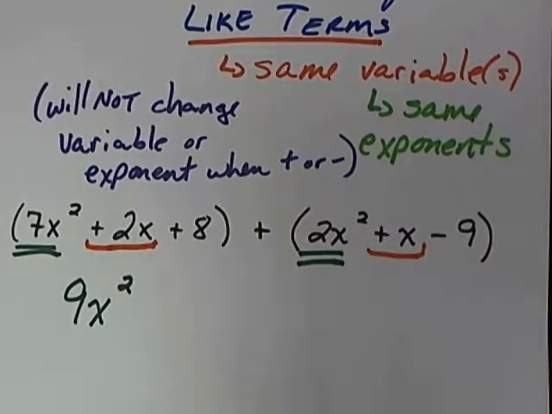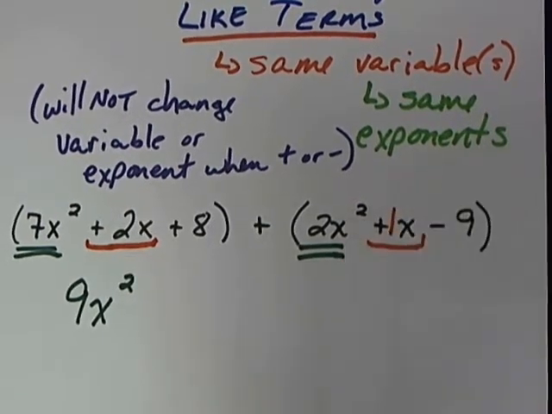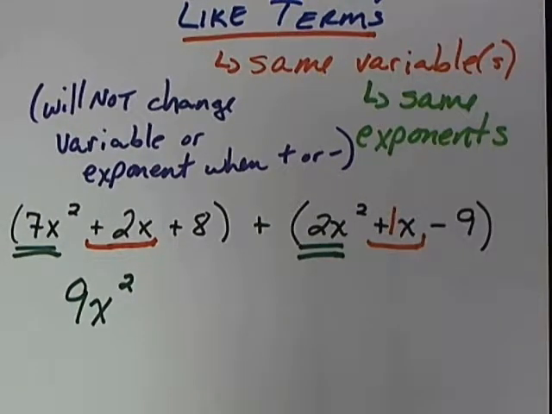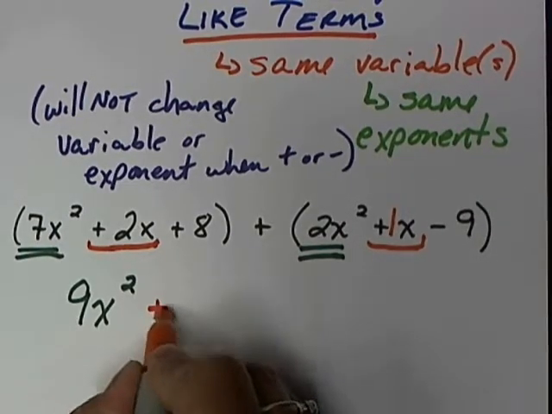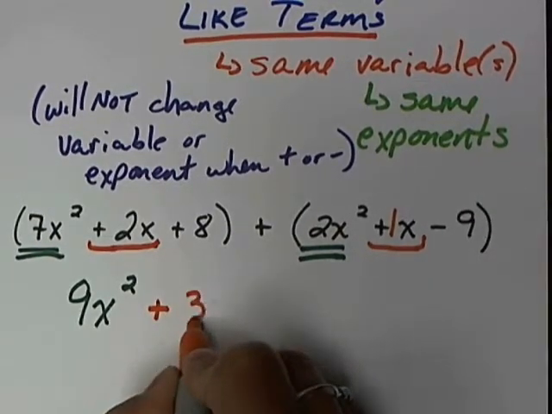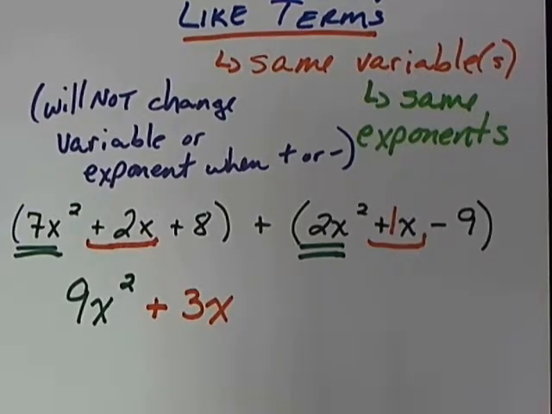Can't be 0, because what's 0 times x? 0. Then I wouldn't have an x there. What would make that x come back? It's 1x. So we have 2x plus 1x, which makes a total of 3x. Now we need to separate that term from the 9x squared. How do we separate terms? By addition. It's still a positive, so we go plus 3x.